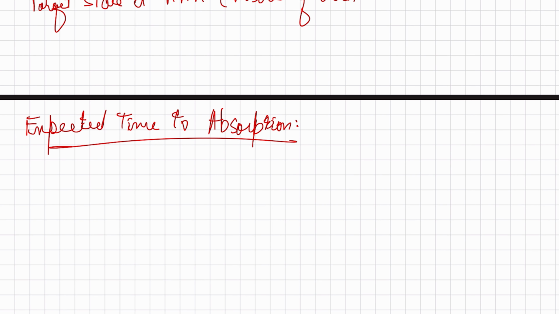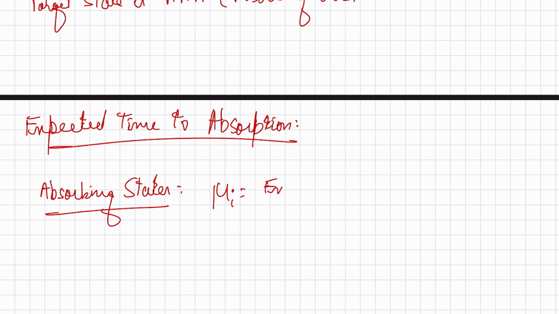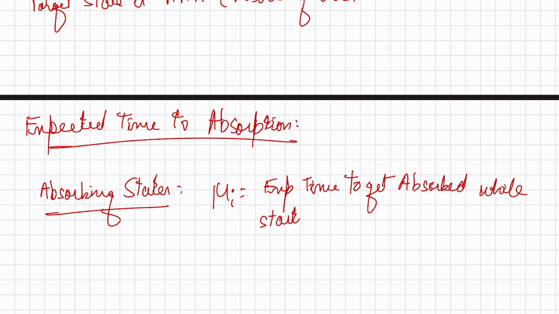So again, for absorbing states, mu_i, which is the expected time to get absorbed while starting in state i, is going to be 0 for all i absorbing.